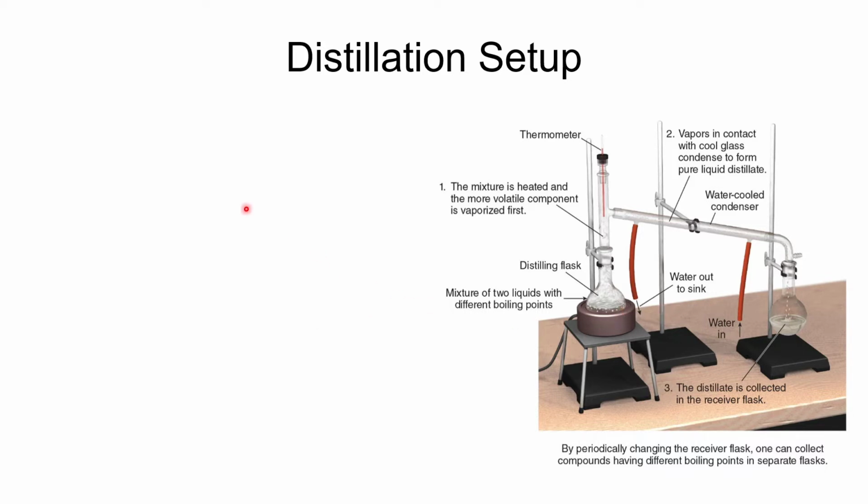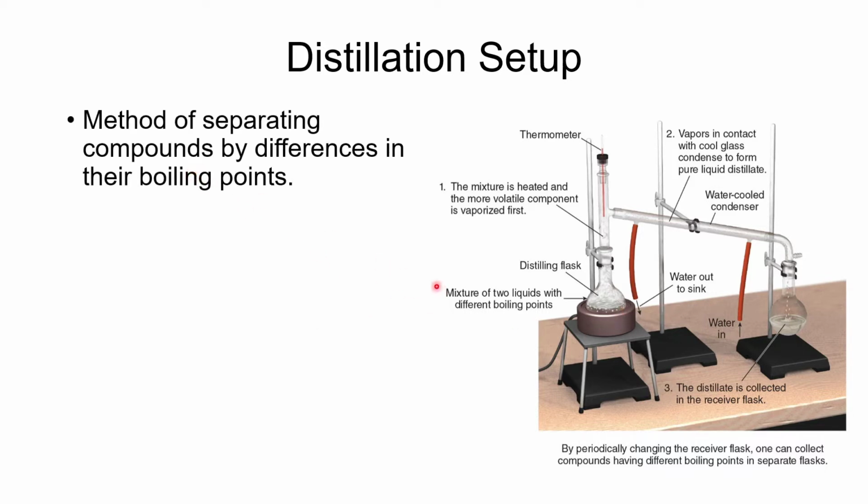And the way that it works is, again, this is just a method of separating compounds that have different boiling points. You put your components into a distillation pot or a distillation flask, and you start heating it up. And then the molecules that have a lower boiling point, more of those will get into the vapor phase than the molecules that have a higher boiling point.